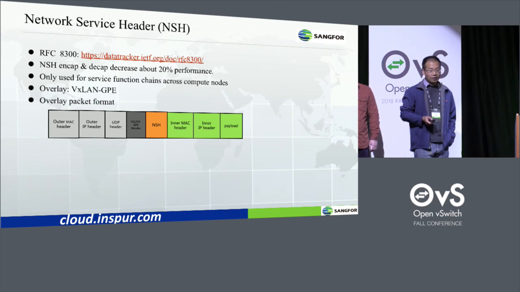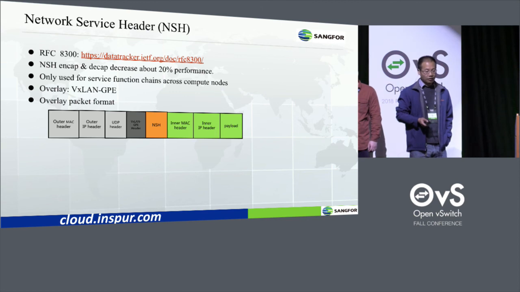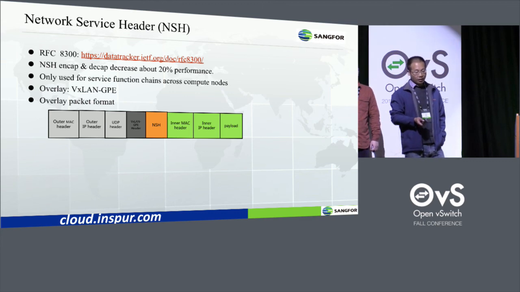Actually, Sangfor's use case just uses NSH and VXLAN GPE in the cross compute node case. For Sangfor's use case, they use VXLAN GPE and overlay. Here is the packet format.